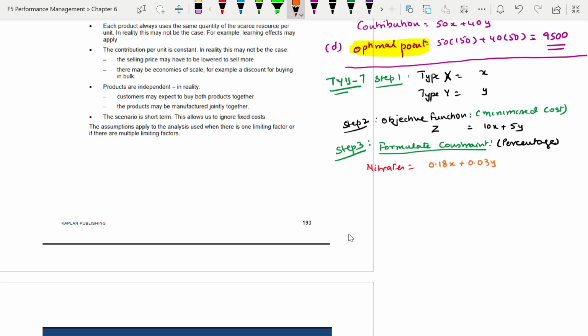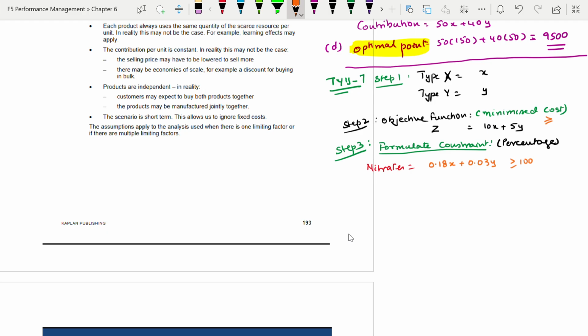If it is minimization, it is greater than or equal to. This is the difference, write it down in your notes. If it is maximization, less than or equal to. If it is minimization, greater than or equal to 100.